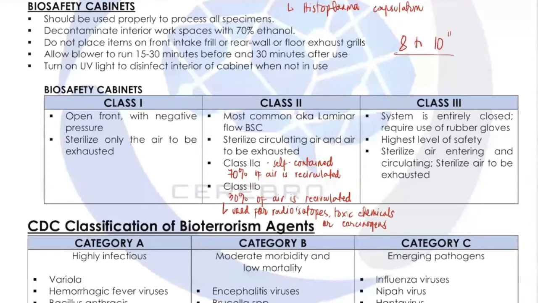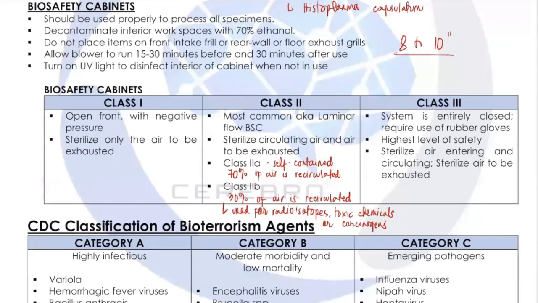And of course, yung class 3 biosafety cabinet gives the highest level of safety. Okay? So sterilized air entering, circulating, and to be exhausted are the ones that are being sterilized. So tatlo yung uri ng air na sinisterilize ng class 3 biosafety cabinet. The entering air, the circulating air, and the air that is to be exhausted. No? So yan yung tatandaan natin dyan.